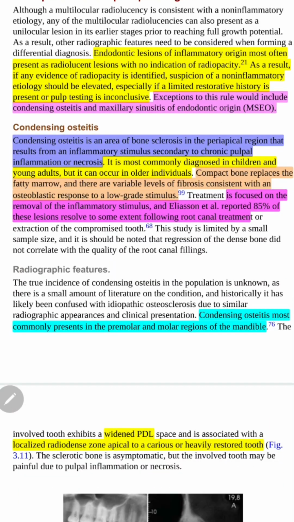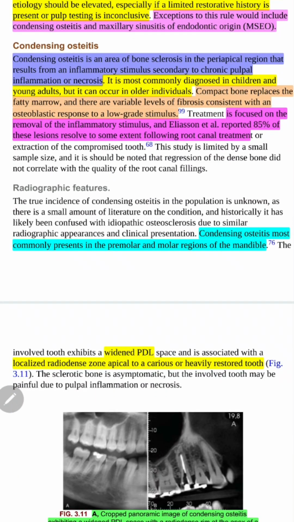Let's talk about each one of them. The condensing osteitis is an area of bone sclerosis in the periapical region that results from an inflammatory stimulus secondary to chronic pulpal inflammation or necrosis. It is most commonly diagnosed in children and young adults, but it can occur in older individuals.